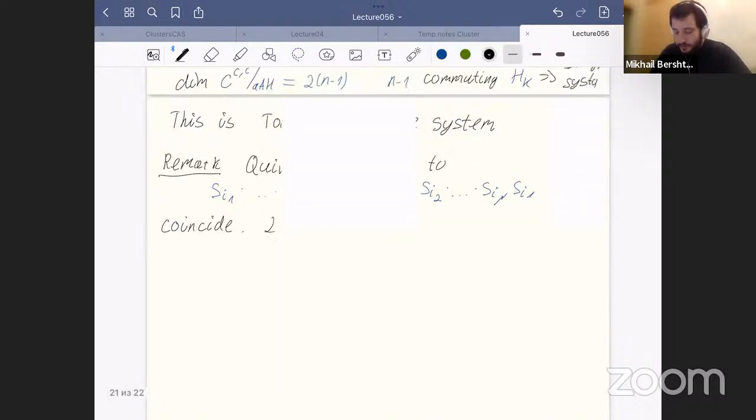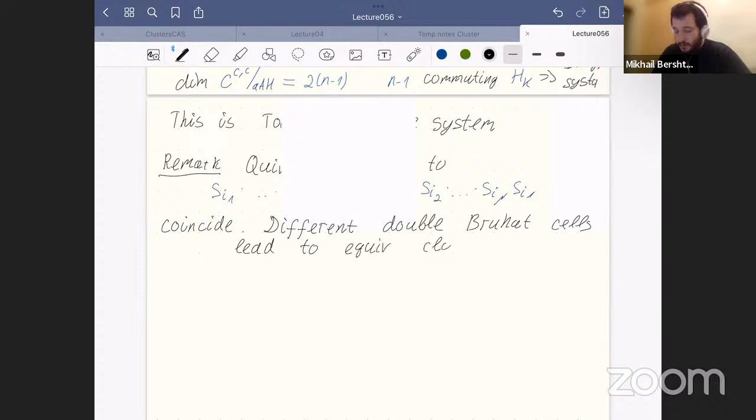Hence different double Bruhat cells lead to equivalent cluster varieties after the quotient by adjoint action.